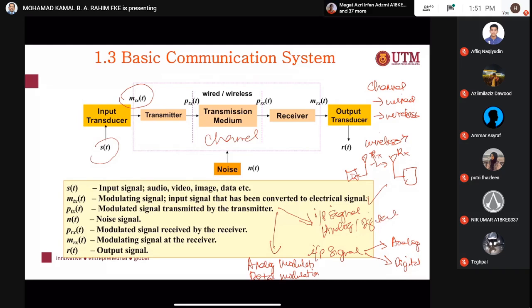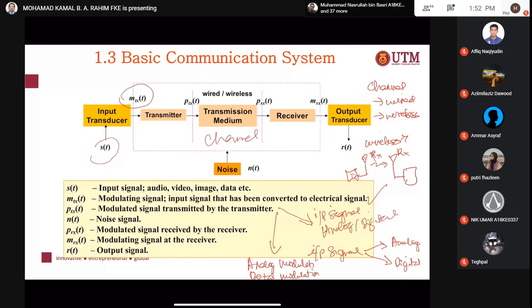And then we have the IoT, satellite, microwave, radio, everything is wireless. Why do people prefer wireless? Because you can move around. If you have wired and want to move from one place to another, it will be very, very difficult. It will be tangled around you because of the wire.